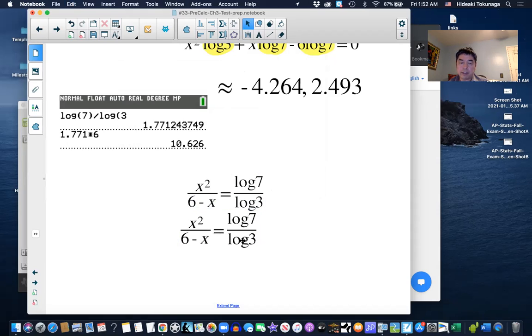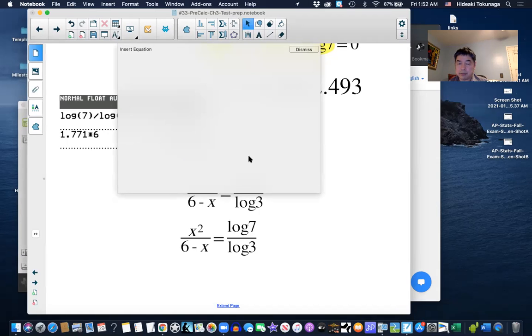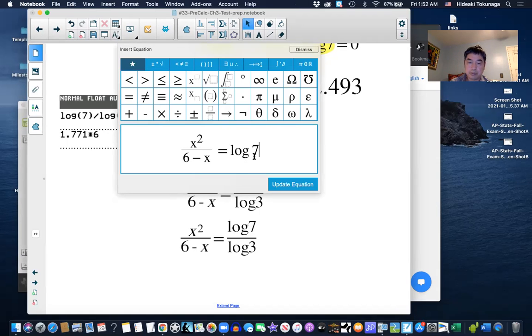So I took care of this one from here by calculator. So this is going to be 1.771, and I did 6 minus x to come back here.